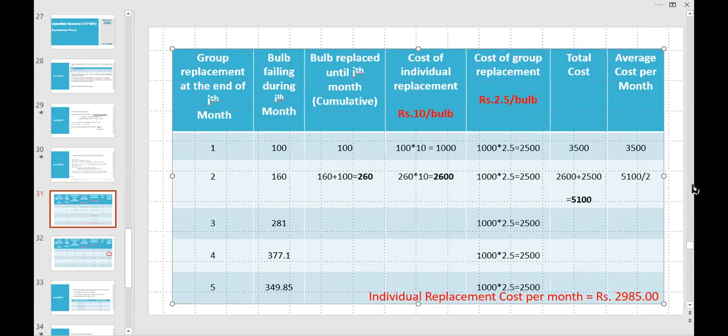So 5100 divided by 2 is 2550. This is how you calculate for the third, fourth and fifth months. Find out the other months and help me fill the tables by unmuting your mic.